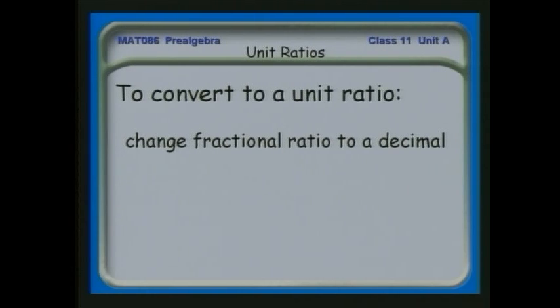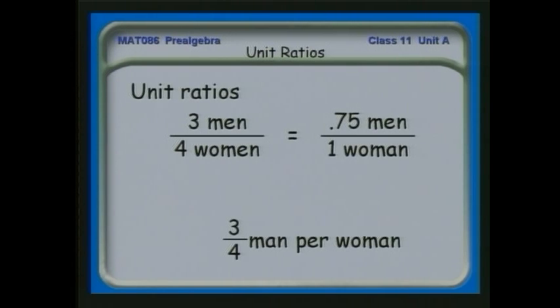We work to change that fractional ratio to a decimal. For example, we know that 3/4, if I divide 3 by 4, I get 0.75. I take the ratio, make it into a decimal. Then when I do, 3 men to 4 women is equivalent to 0.75, or 3/4 of a man for every woman.